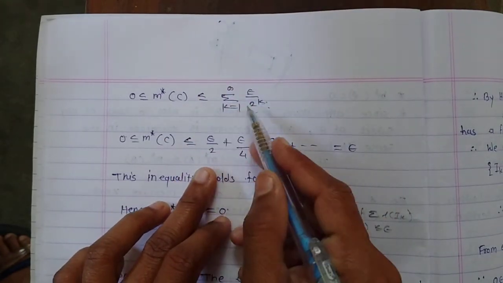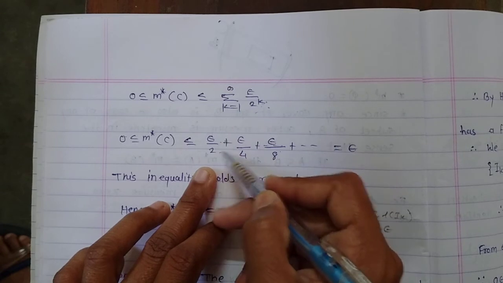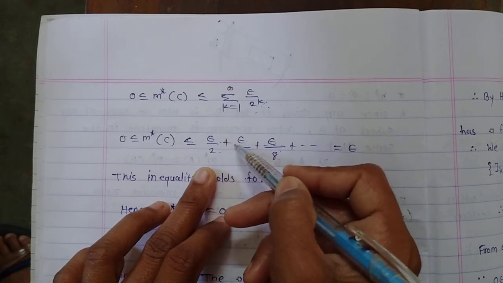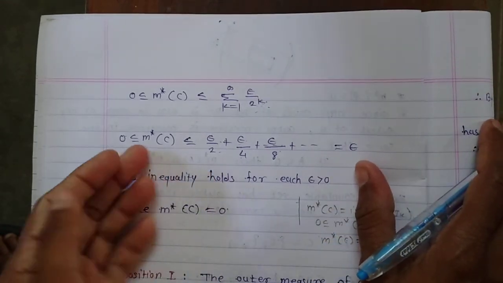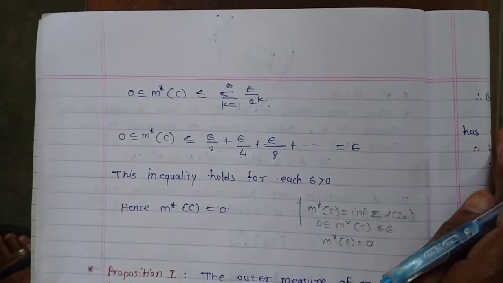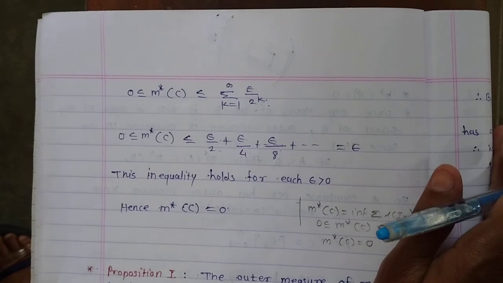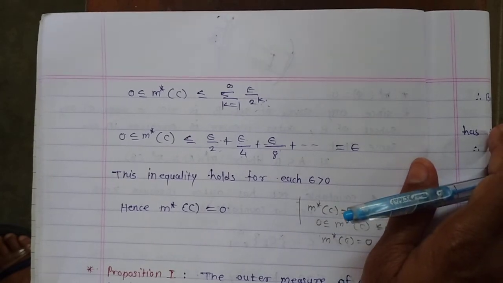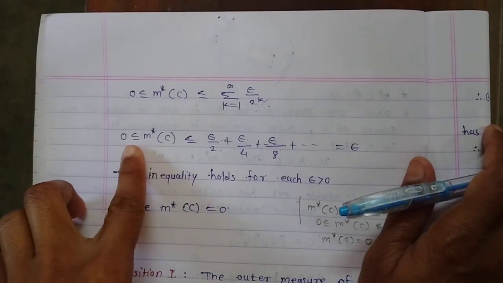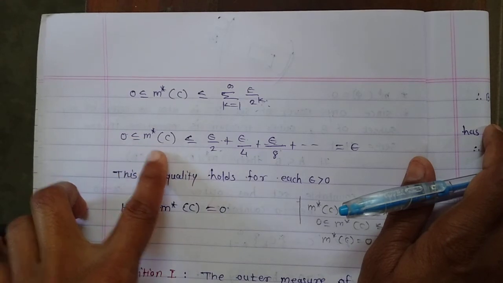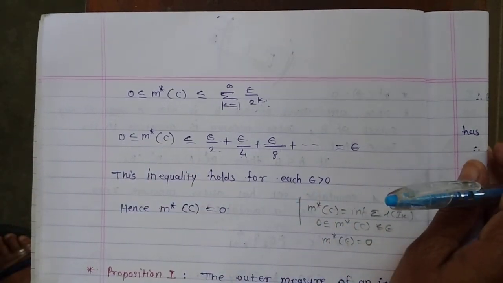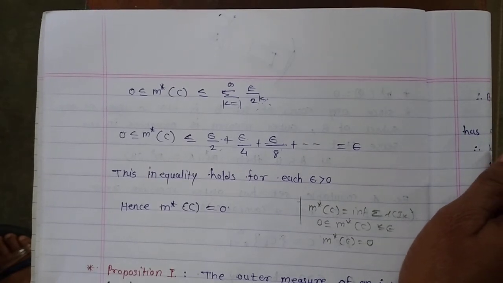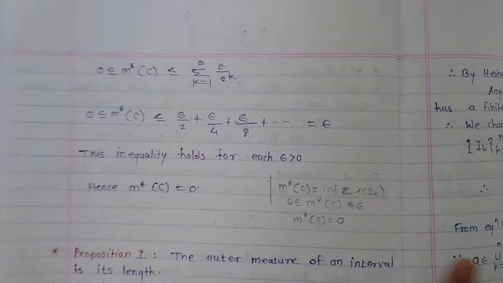That means if k is equal to 1, then it is epsilon upon 2, if k is equal to 2, then it is epsilon upon 4, plus epsilon upon 8 and so on. So after addition you will get epsilon. Therefore 0 is less than or equal to m star of C, which is less than or equal to epsilon, and this inequality holds for each epsilon greater than 0, and therefore m star of C is equal to 0. Okay.